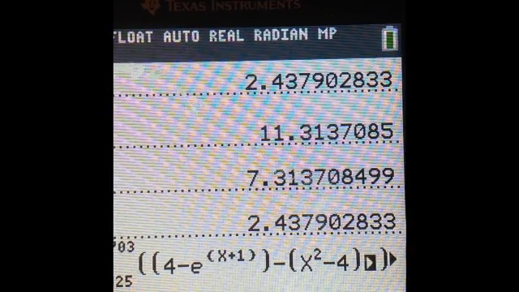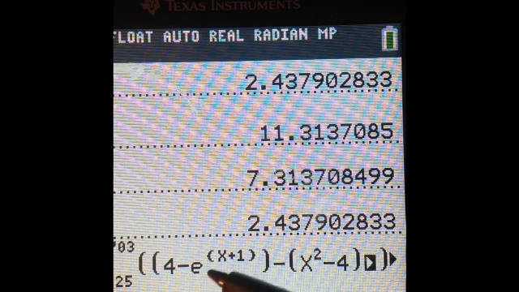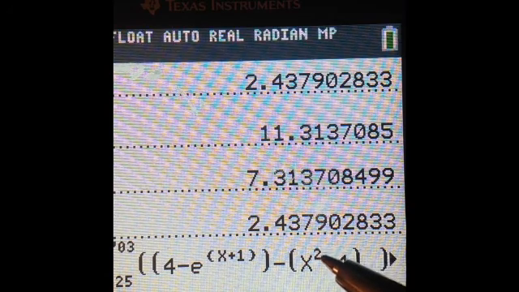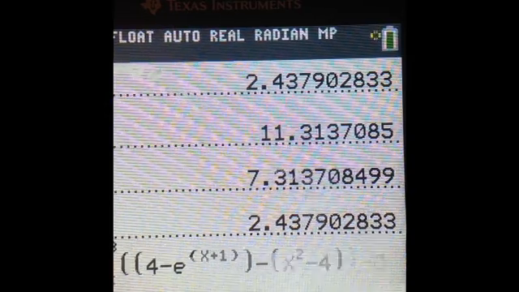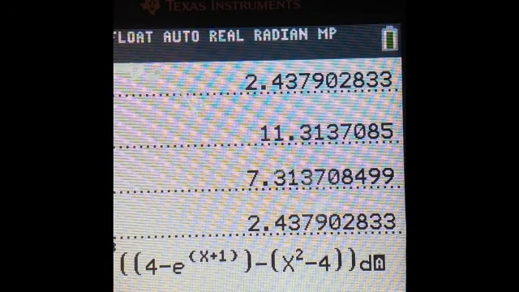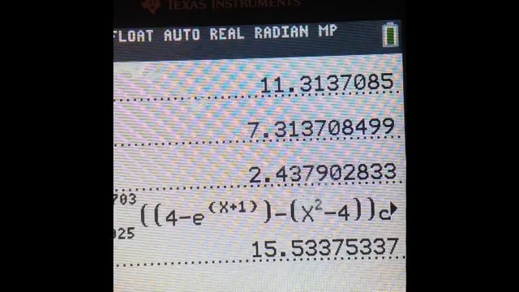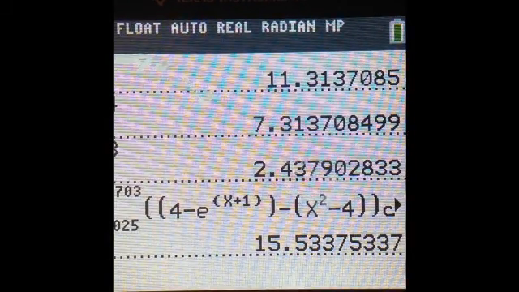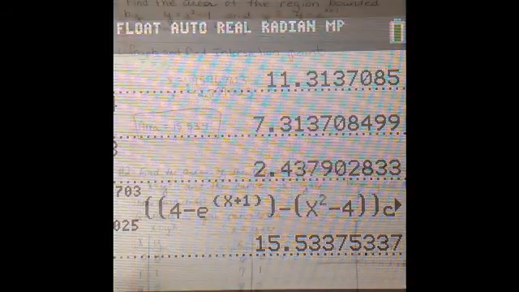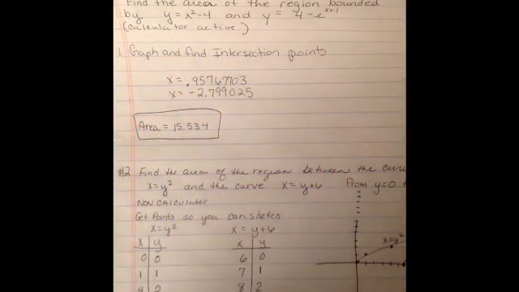I've got the top curve first and the bottom curve second. And I'm going to come over here and do dx and hit enter. And that is the correct area. And you'll round to 3 places after the decimal. So you'd write your answer as 15.534.